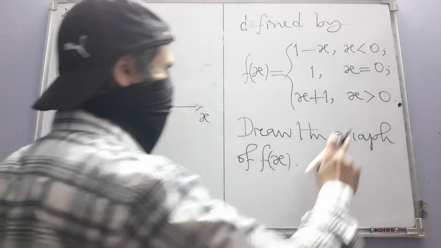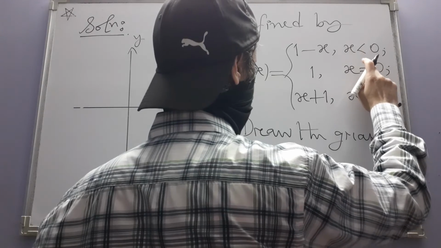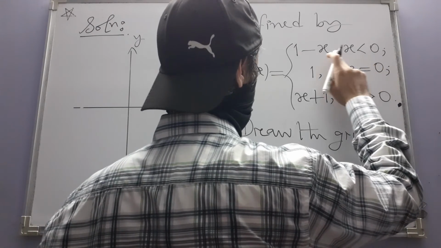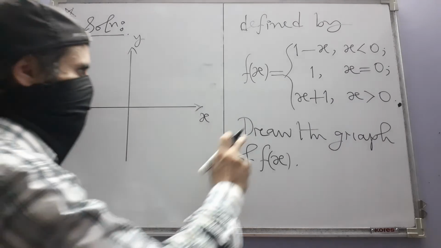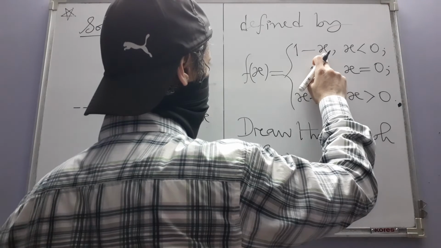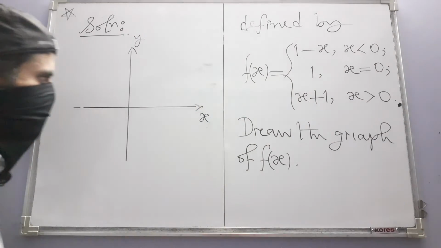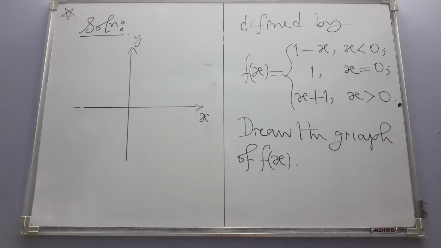Okay. Now, when x is negative, say I take x equal to minus 1. Then this will be 2. So that gives me 1 point.